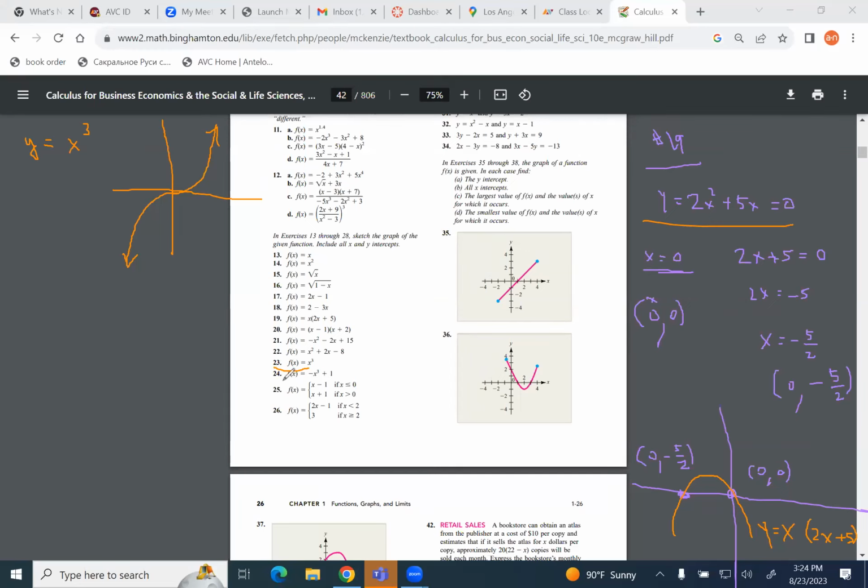So now what happens if I graph exercise 24, for example? Well, it looks like in exercise number 24, we're going to have a cubic parabola x cubed with a negative sign in front.